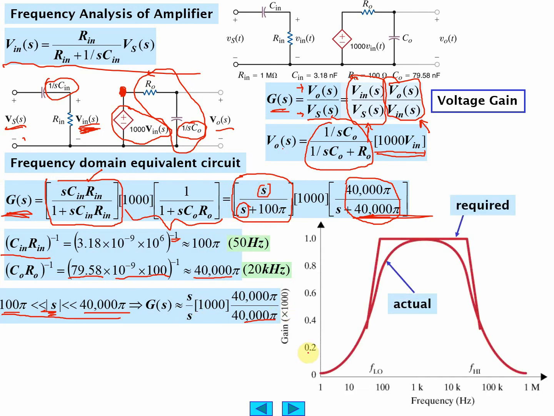So you just get a gain of 1,000 in the mid-range, right up here. Gain times 1,000. Watch the y-axis. You'll notice this says 1, gain times 1,000. Reality is more like the curves.